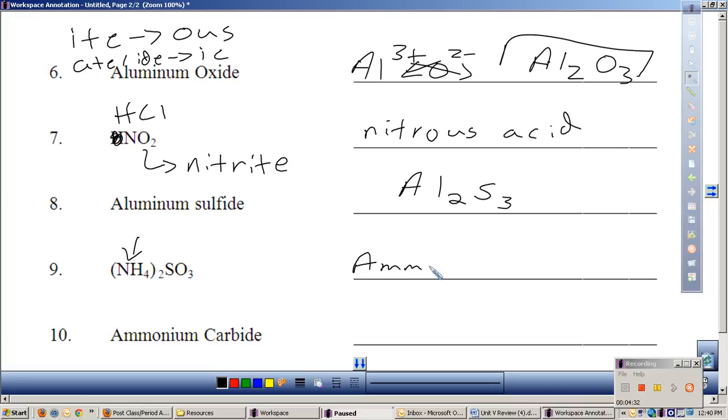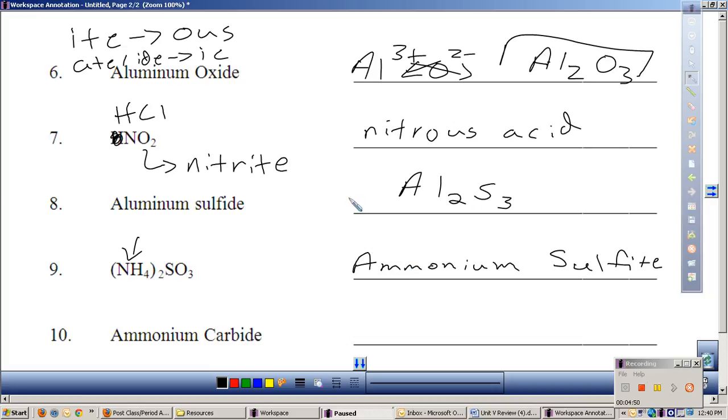Ammonium. And then SO3 is what? Sulfite. It's very important on your test that you distinguish between ites and ates and ides, because I guarantee you they will give you a problem, and your answer choices will be ammonium sulfite, ammonium sulfate, and then a couple other things.